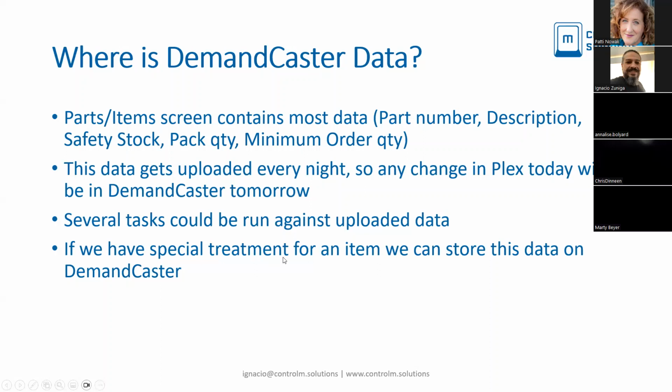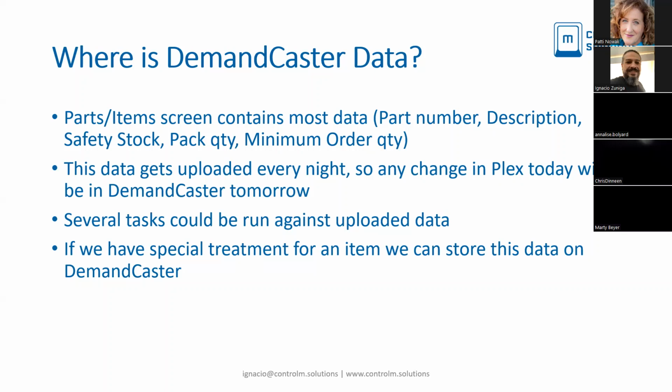Okay. Some of these tasks, we can run against the uploaded data, and we can automate these tasks within DemandCaster, right? And as I said before, if we have some items that need to store some data on their own, like specific data for this item only in DemandCaster, we can save that too.